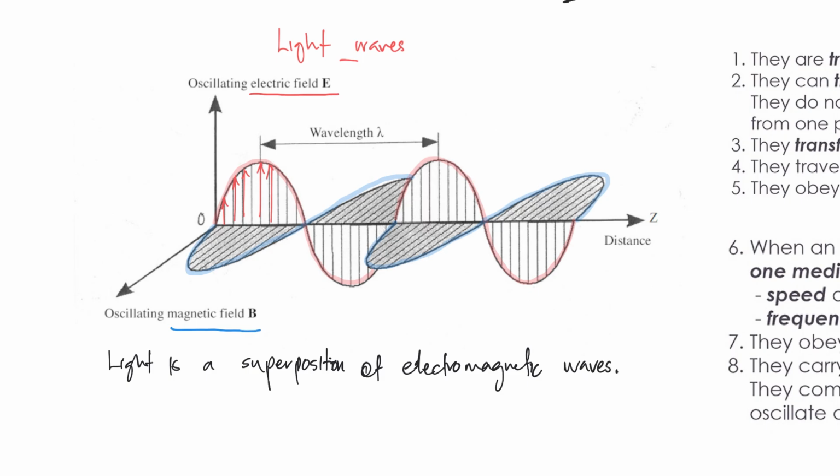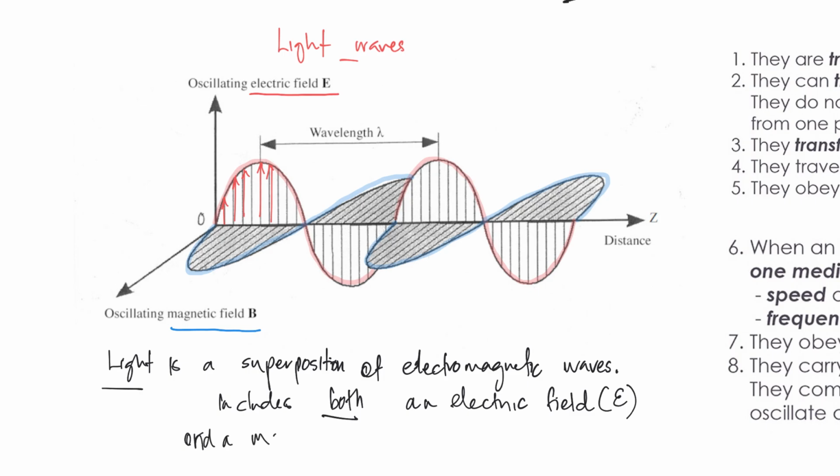Such a wave, a light wave, includes both an electric field, which we represent by using a capital letter E, and a magnetic field.